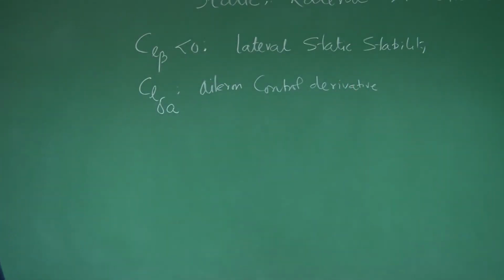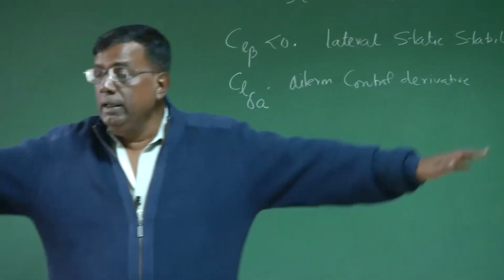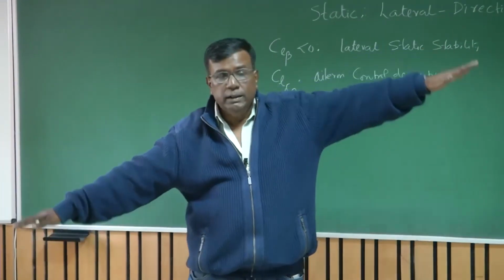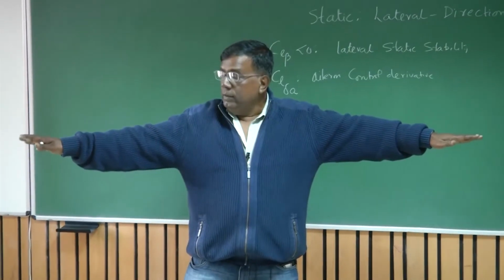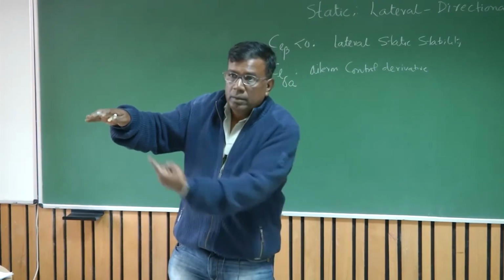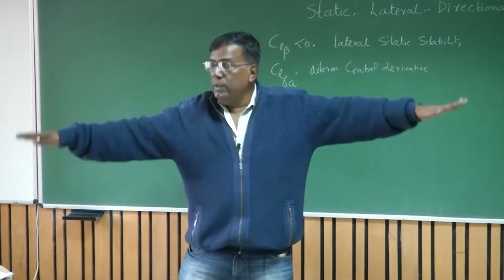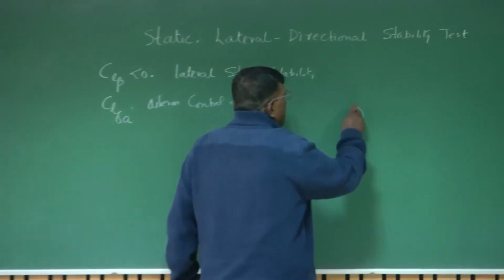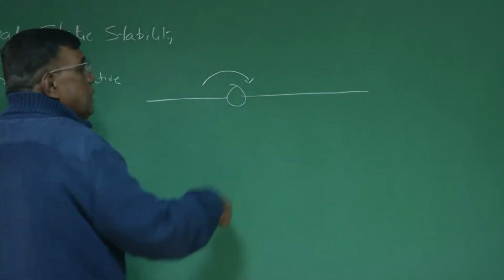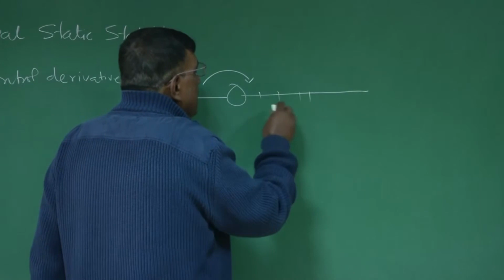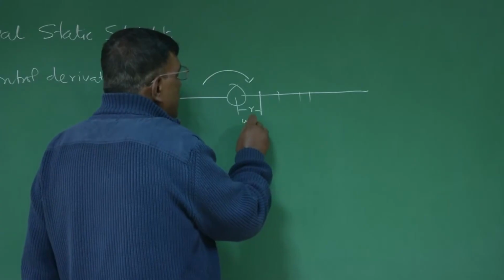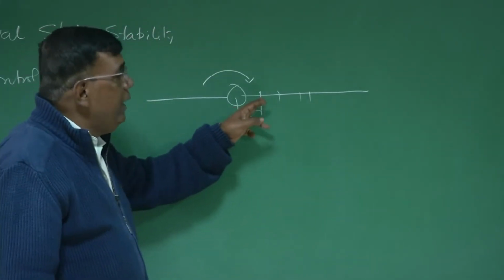Now you can imagine the airplane is like this and it is rolling like this. If it rolls like this, watch out for the right wing. The right wing is going down. That means the right wing sees a relative airspeed perpendicular to it as it moves. If I draw it here, this wing goes down. At each point, at a distance r from the center, if it is rotating at omega, the velocity will be omega r.